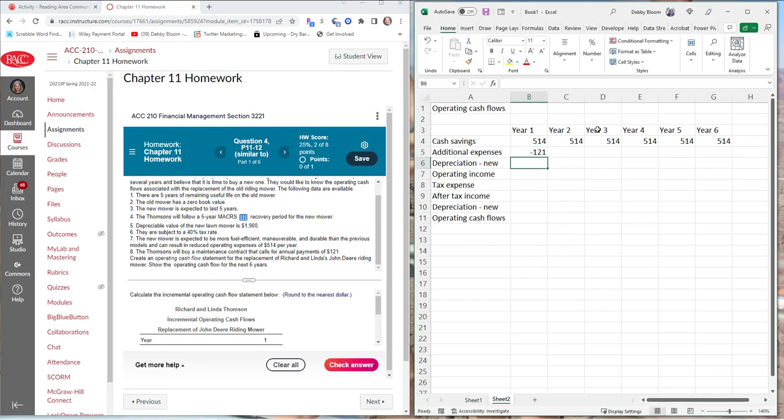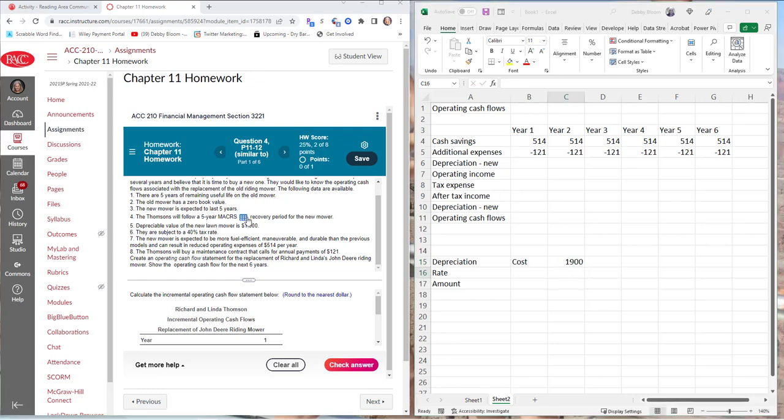Both of those are given in the problem. And now all we're going to have to do is calculate the depreciation. So I'll have the rate, and we'll have the amount, and our cost of the machine was $1,900.